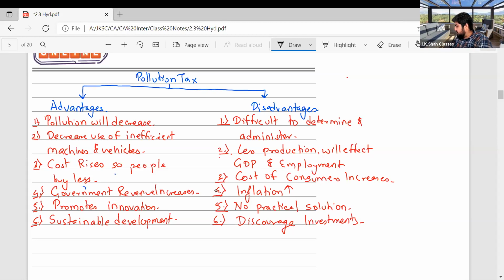It is difficult to determine and administer, Rona. Like how can you calculate tax of pollution? How much damage you are causing to the environment. It's difficult. Done?